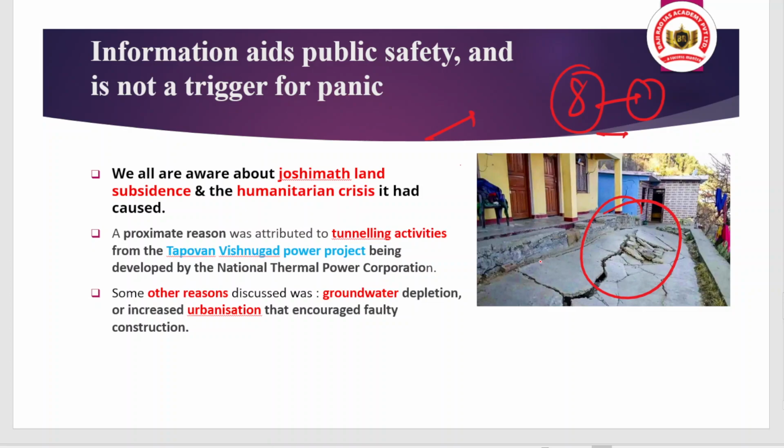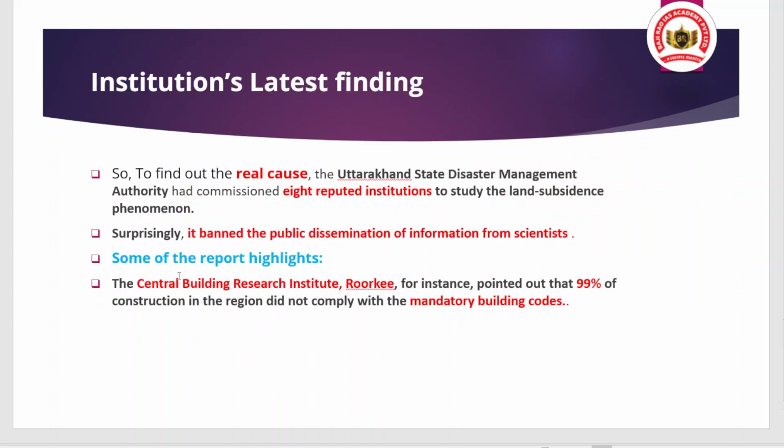Before the report was released, various causes were presumed, like the tunneling activity going on at the Tapovan Vishnugad power project developed by NTPC, the National Thermal Power Corporation, along with groundwater depletion, because of which the layer of water is shrinking and land subsidence is happening, along with increased urbanization and, because of that, more faulty construction of buildings and infrastructure.